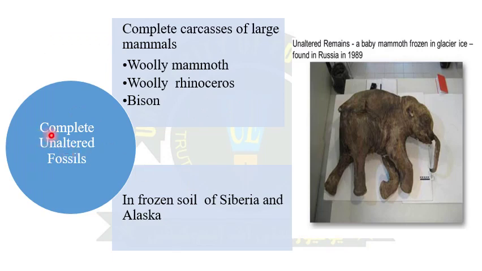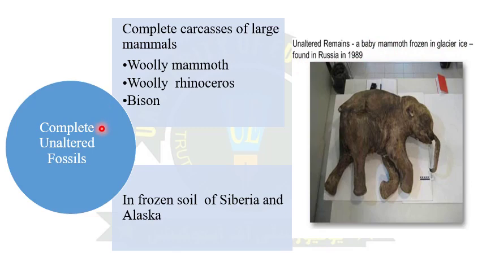A further subcategory of the unaltered fossil is the complete unaltered fossil. Complete unaltered fossils consist of organisms such as the woolly mammoth. This is a diagram of a baby mammoth frozen in glacier ice that was found in Russia in 1989.